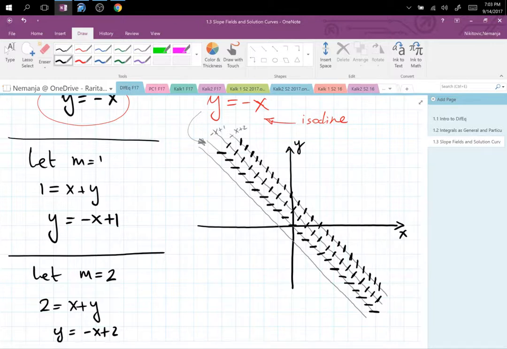Slope of negative 1, guys, was the slope of the isocline as well. So now these little line segments will be on top of the isocline. The isocline is a guide where you get to draw the little line segments with whatever slope they have.